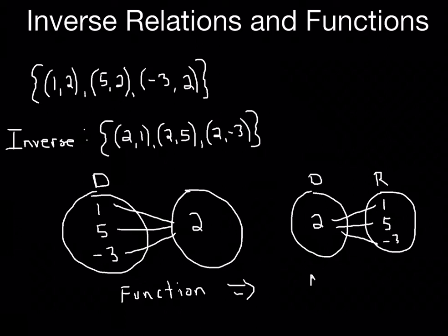So this one right here would be not a function, all right? Not a function. So we have to kind of understand that just because something is a relation doesn't mean it's a function. Some inverses are functions and some are not going to be functions.